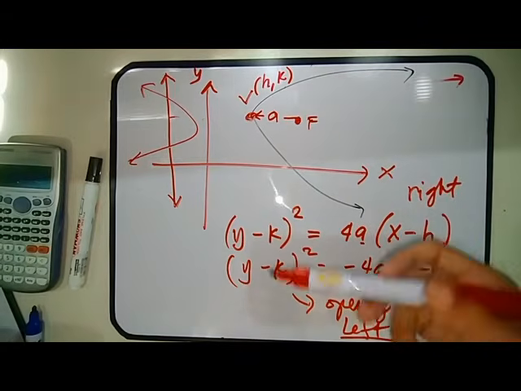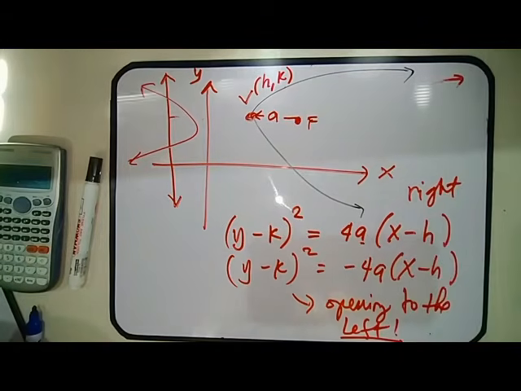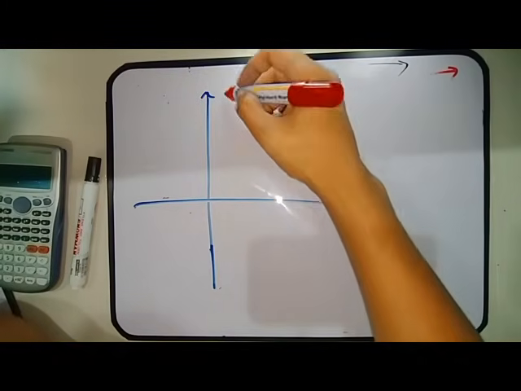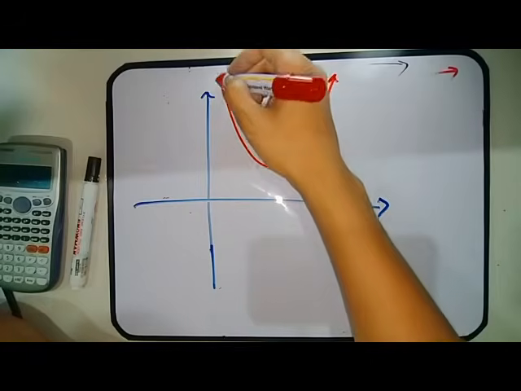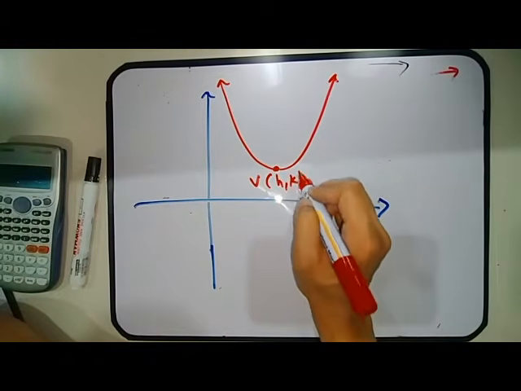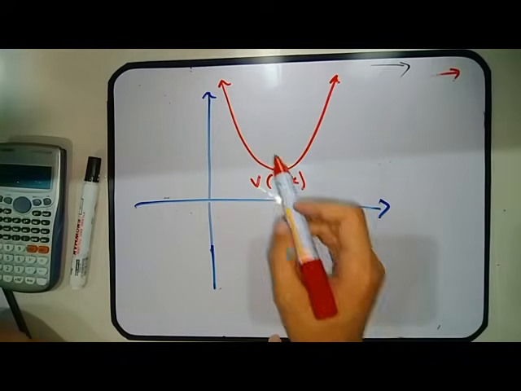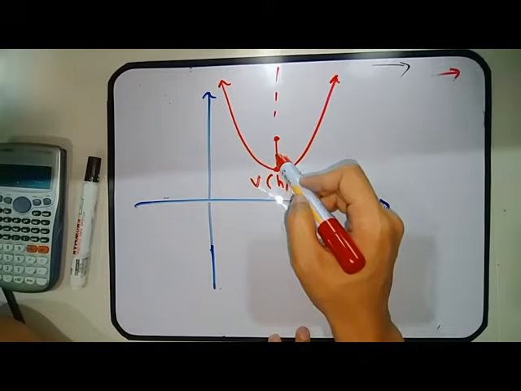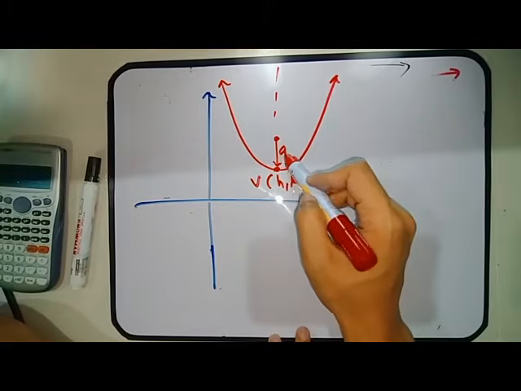So, what if naman kung upward and downward? So, let's say upward. So, if the parabola is opening upward, say here, you have this vertex v. So, that is hk. Then, you have this distance, the focus to the vertex, that is a.